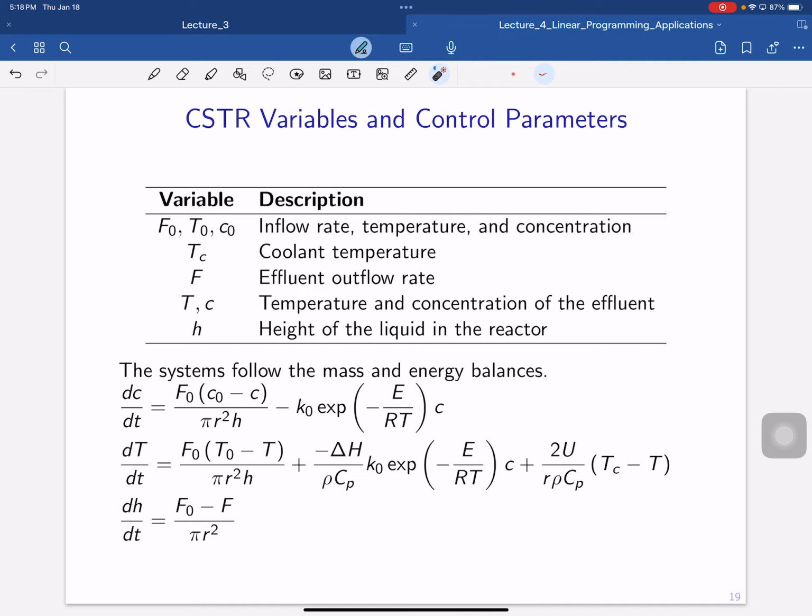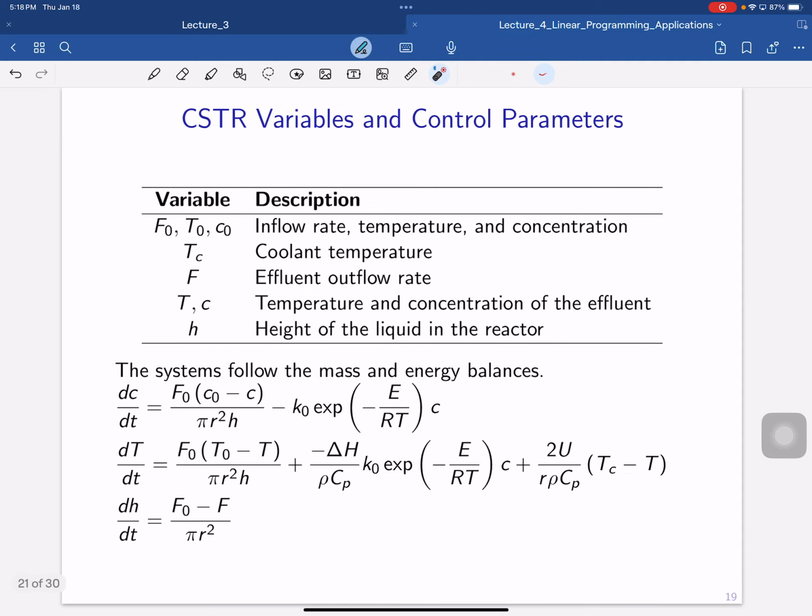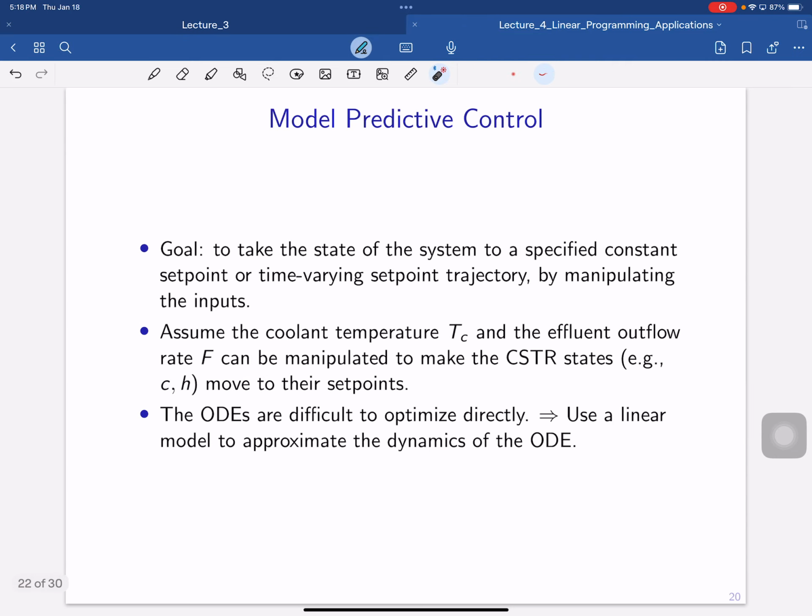Okay, yeah. So how do we simplify this problem a little bit, right? So again, the motivation is that the ODEs are difficult to optimize directly, right? Then the solution people usually come up with is to use a linear model to approximate the ODE, right?